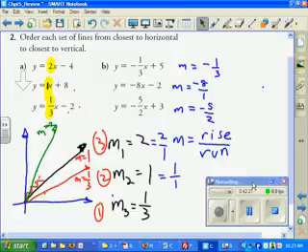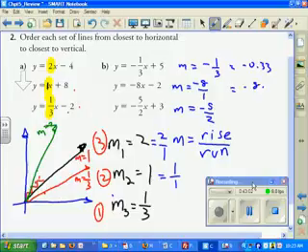Keep in mind that the closer the number is to 0, whether it's negative or positive, the more horizontal it's going to be. The further and further away the slope gets from 0, the more vertical it gets. So if you were to just do the divisions on these, you would get something like -0.33 as a slope.